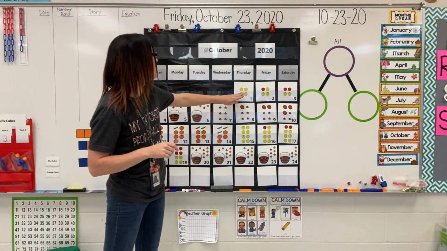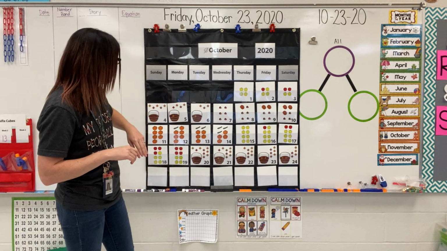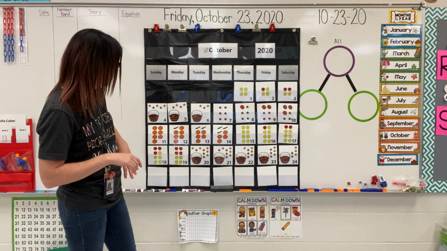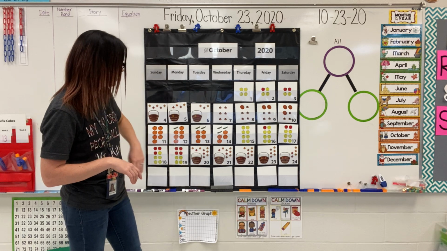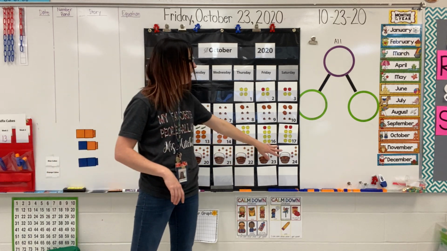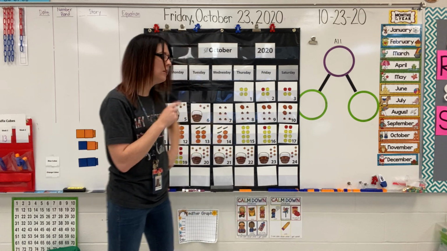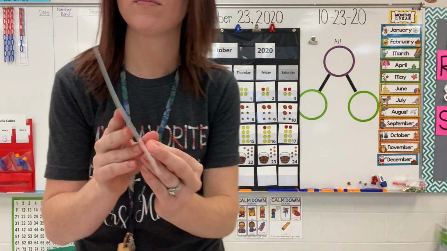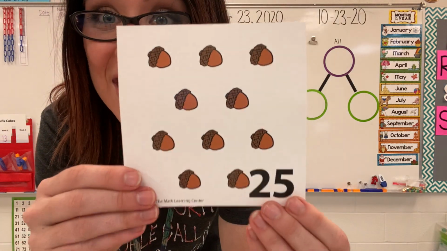And then look at this. We had 4 apples, 5 leaves, 6 acorns, 7 on this, 8 on this, 9 on all of these. Are you starting to sense a pattern? Let's take a look at Sundays. We're back to acorns.